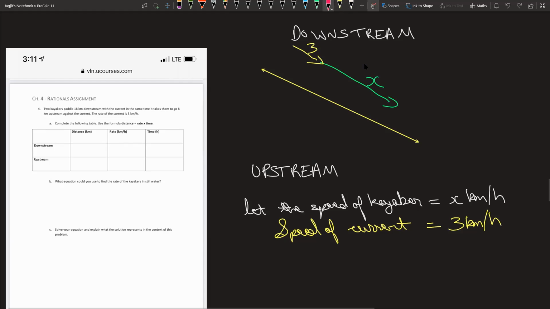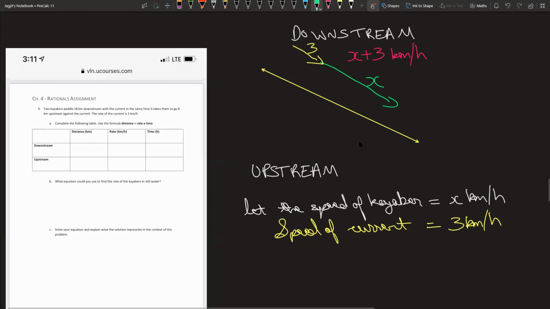So your final speed becomes X plus 3 kilometers per hour. Why? Because the speed of the water adds to your own speed. When you're going downstream, your speed becomes X plus 3.